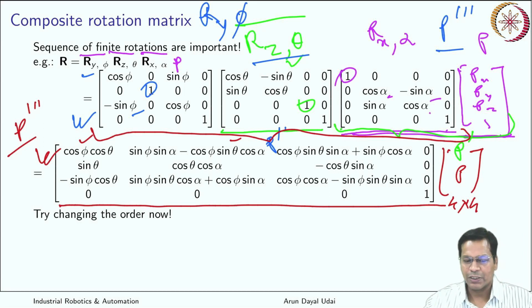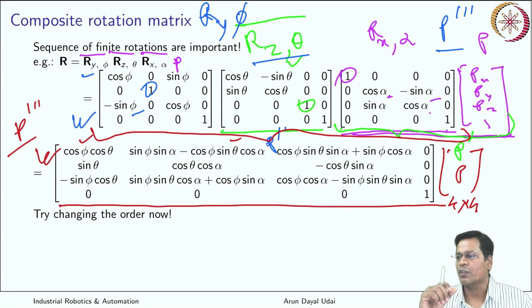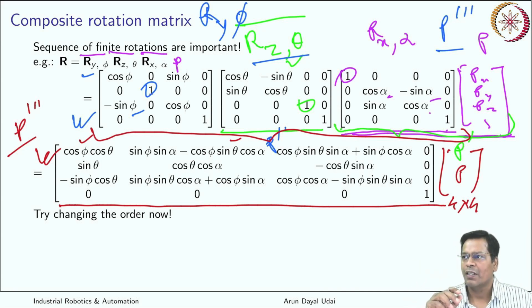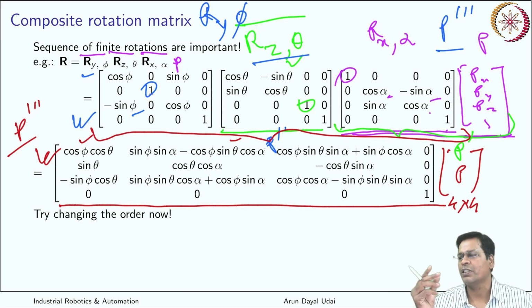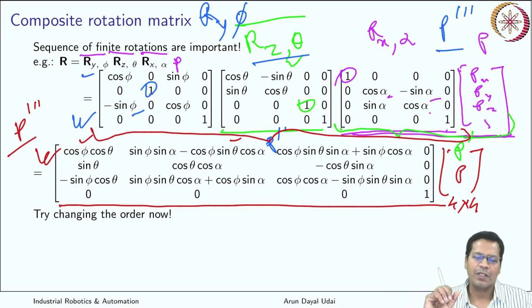Okay. So yes, it is very important to remember that rotation matrices are not commutative. That means the sequence is very important. Not just rotation matrices. Mathematically, matrix multiplication is not commutative in nature. A into B is not equal to B into A. Got it? So the same applies here also.